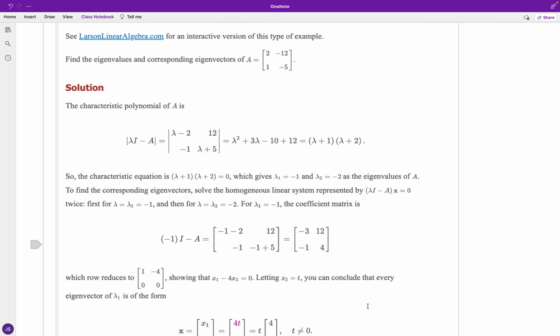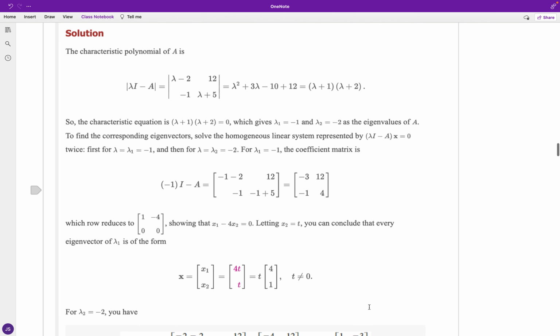Letting x sub 2 be equal to t, every eigenvector of lambda sub 1 has the form 4t, t. Factoring out t, we have t times 4, 1. So the basis for this eigenvector is 4 and 1.